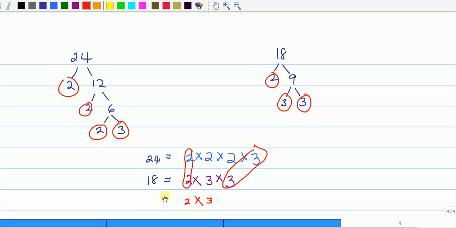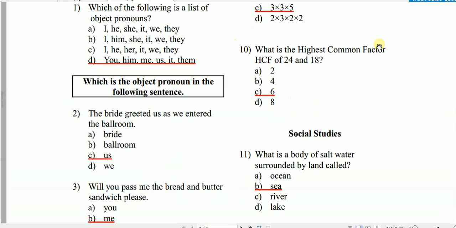So the highest common factor, the HCF, is going to be equal to 2 times 3, which is 6. And here at number 10, the highest common factor of 24 and 18 is 6. Now, this means that it is the highest number that can go into both of them.